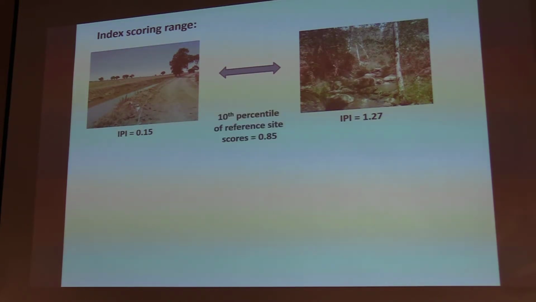The 10th percentile of reference site scores is 0.85. The reason I mention that specifically is because we've used that percentile from other indices to establish informal provisional thresholds between degradation and non-degradation, impairment, non-impairment, whatever you want to call it. So for this index, a score of 0.85 could be a provisional threshold between good and bad p-hab.